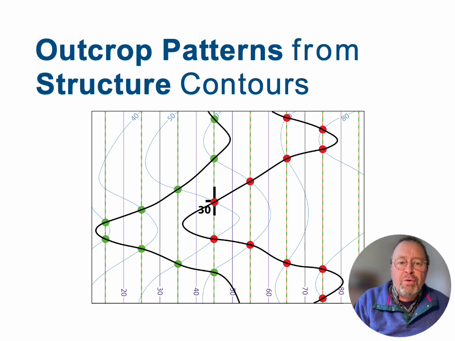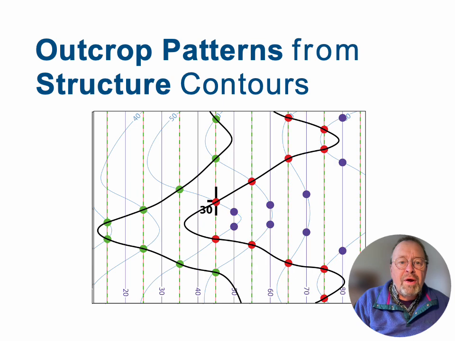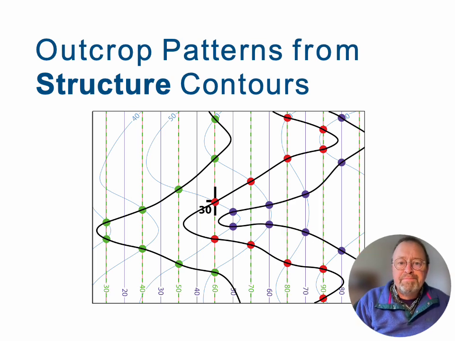We can put in blue. These ones are higher up. I'm sorry, they're lower down. Right, they're lower down. These are deeper. And again, here we see the blue one. So when the 70 contour meets the 70 part of the topography, that's where we have an outcrop. And so on. So it's relatively straightforward.